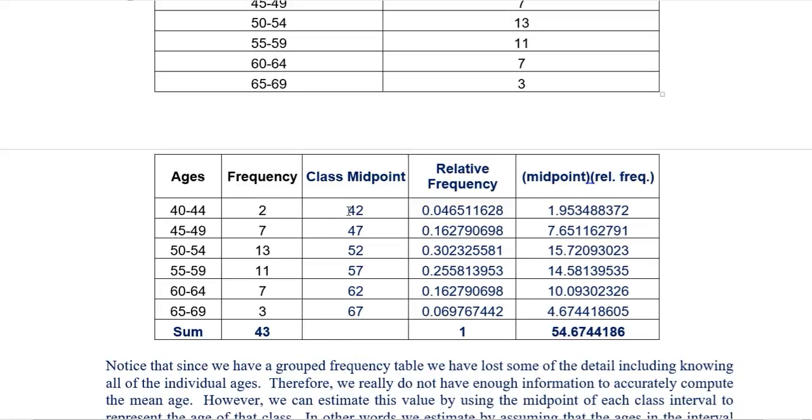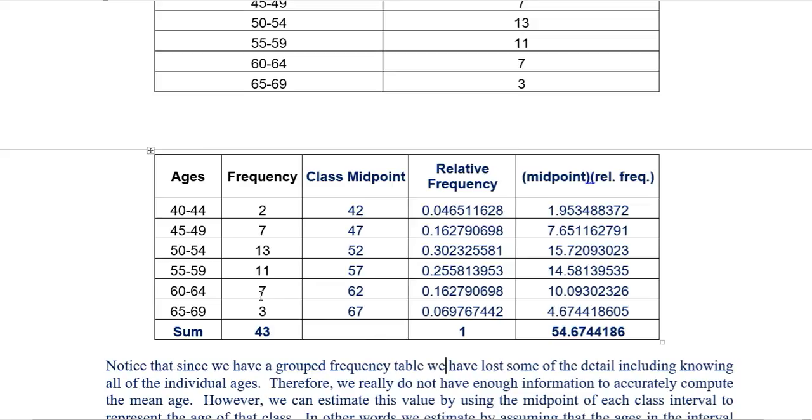And so that's called the class midpoint: 42, 47, 52, 57, 62, and 67 with the frequencies. And of course, divide by 43, these are the relative frequencies. We multiply the class midpoint by the relative frequency, and we get this number. We do that for each one of these, and then we add up these things here, and that will give us the mean.